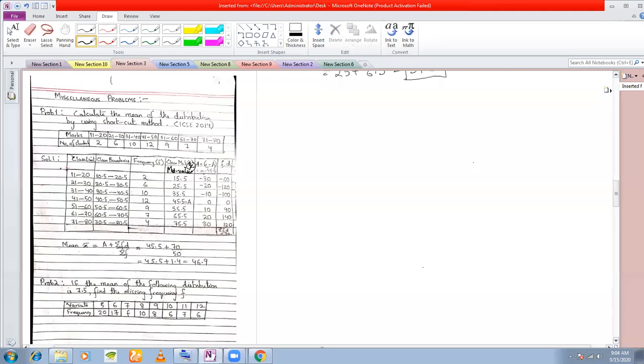Consider the first one, how to get 15.5. You consider the lower class boundary 10.5 plus the upper class boundary 20.5, divided by 2. You will get 15.5.